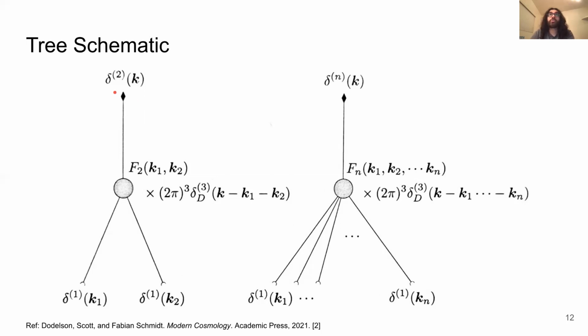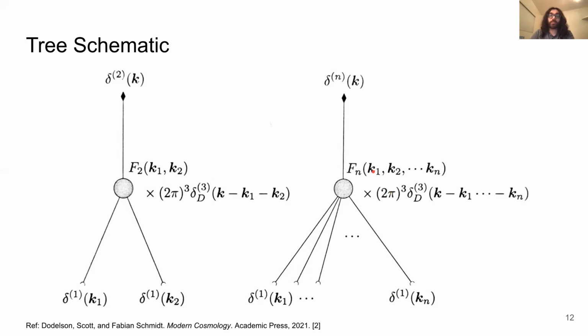Now we can also do this with the nth order correction. We just take n number of linear solutions, multiply them by this F sub n, and the appropriate 2 pi's and a delta function.